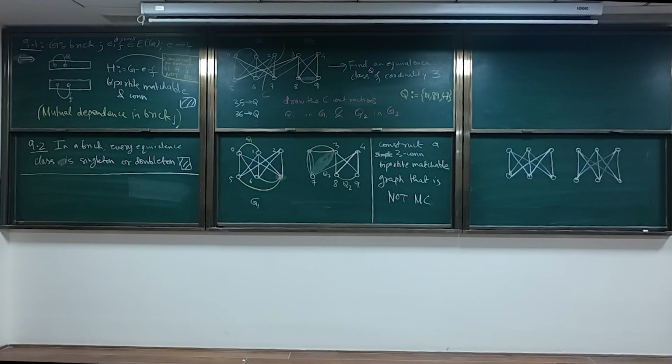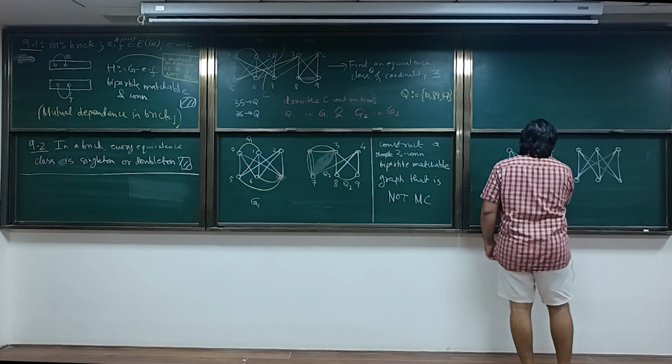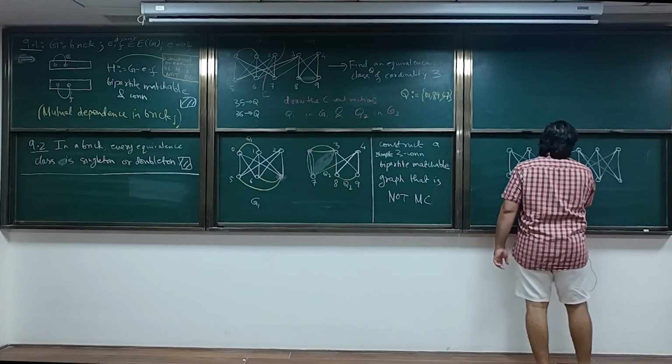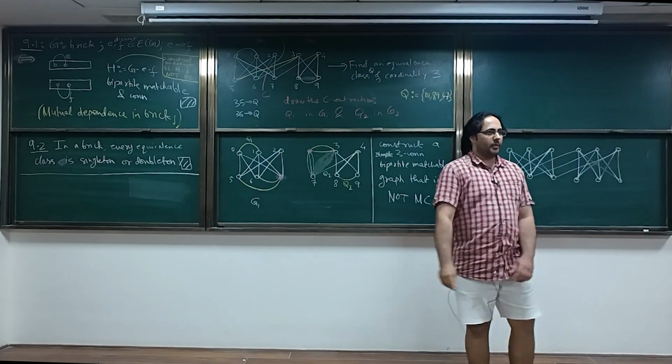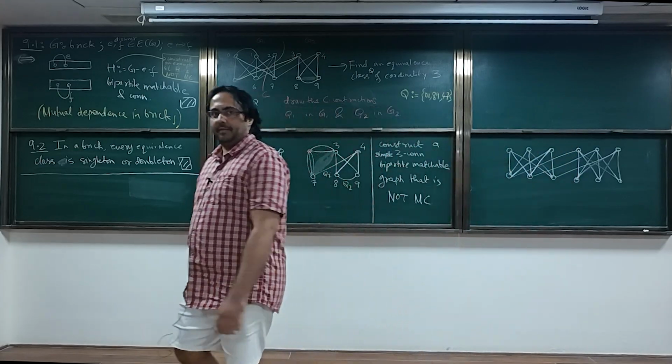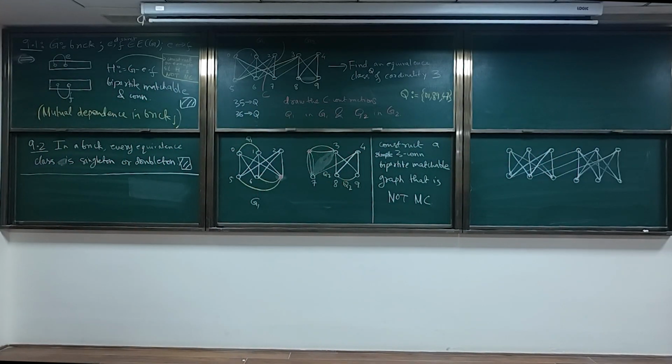Yeah, exactly, all going from white to black. So if you have two copies of K33, you can simply add these edges. Now you have a three connected bipartite matchable graph that is not matching covered.